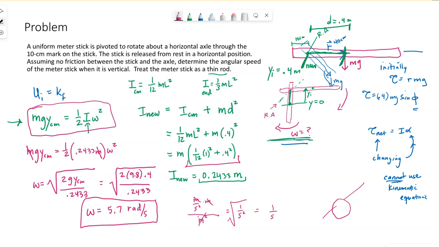The main difference will be finding I nu. The I center of mass will need to be for the cylinder or disc. Conservation of energy, though, works great whenever we're trying to look at an object starting at rest, speeding up, and wanting to relate the height to the speed. That is why energy works so nicely.